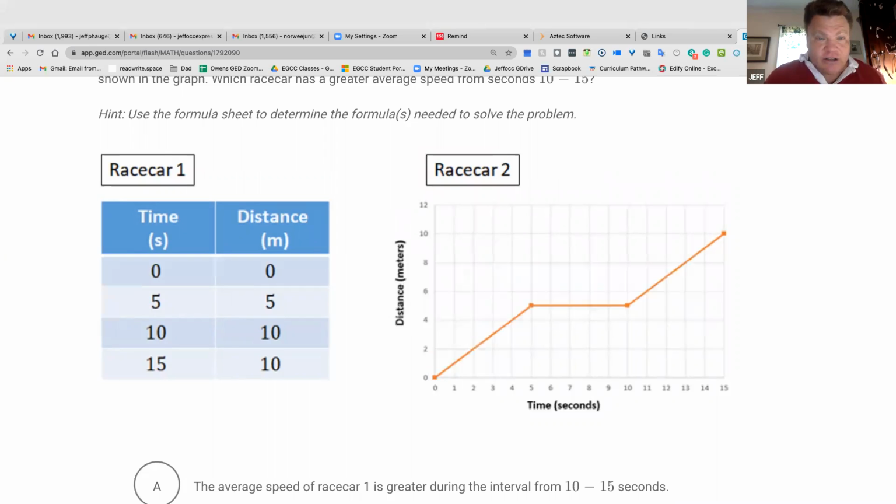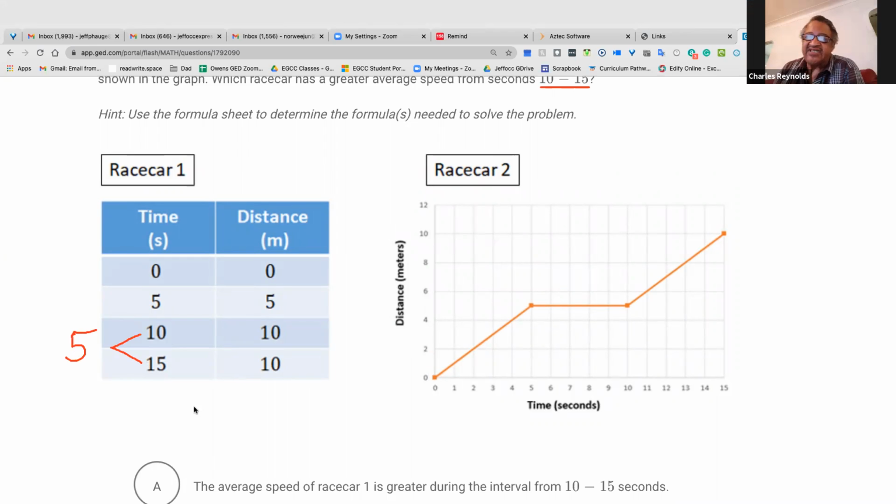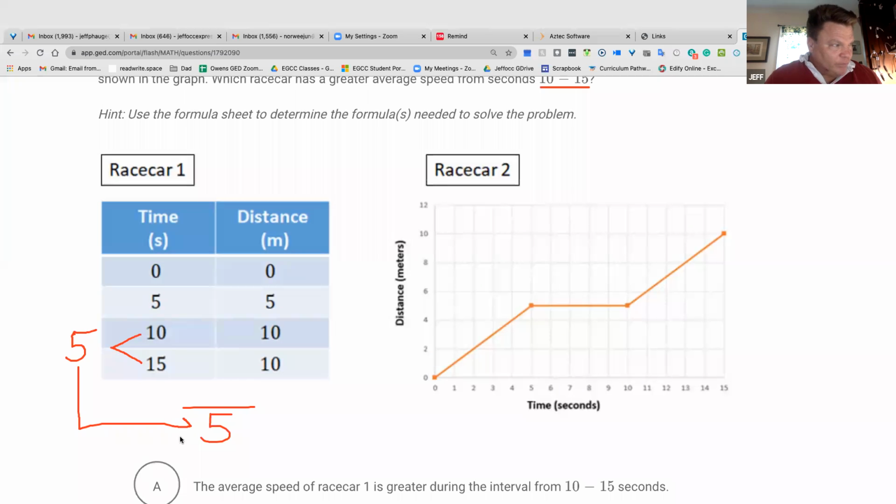When we see it in a chart, I'm gonna write in red here. We run the zigzag. So I'm gonna click on this right here. What they care about is between 10 and 15 seconds. So between 10 and 15 seconds, that changed 5. And that is our bottom number. First number goes bottom. We build our fractions from the ground up.